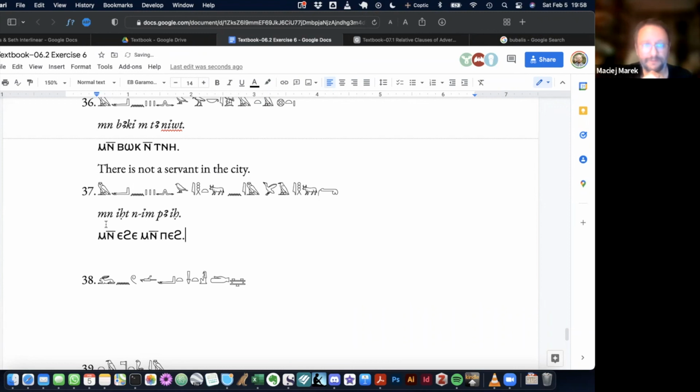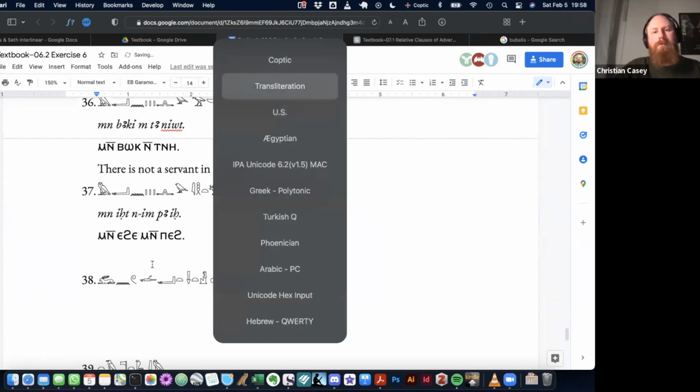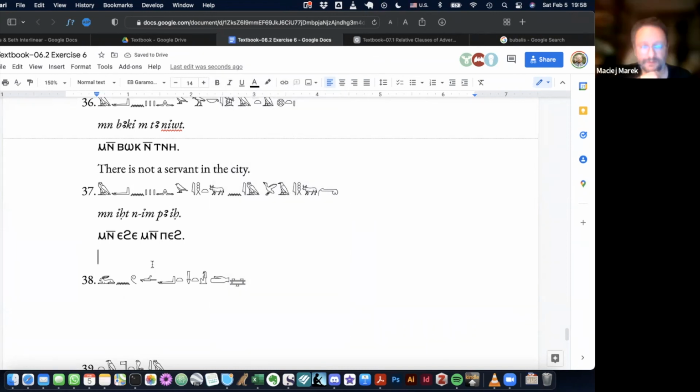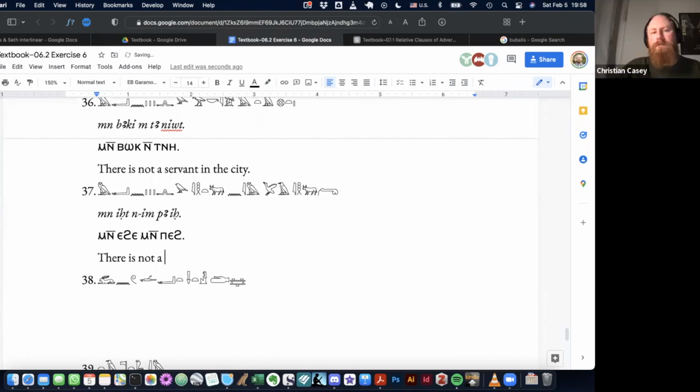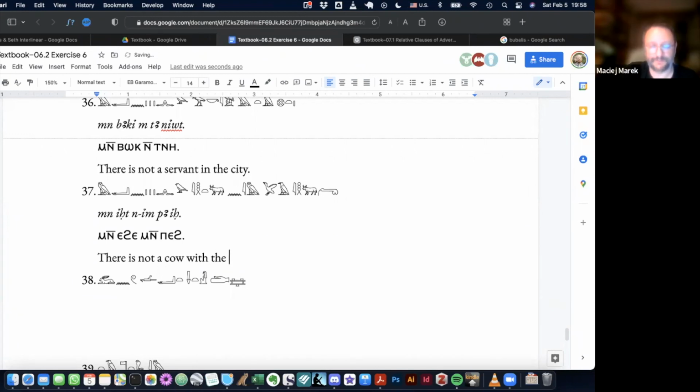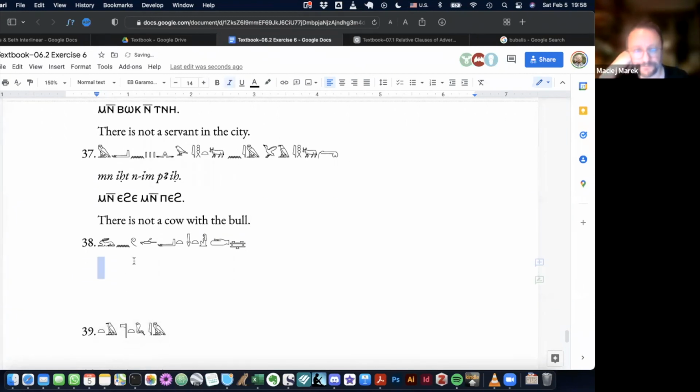Yeah, I can't remember if we have that preserved or not, but yeah, that's it. So there is not a bull with a cow. Other way. There is not a cow with a bull. Yes. Okay, very good.